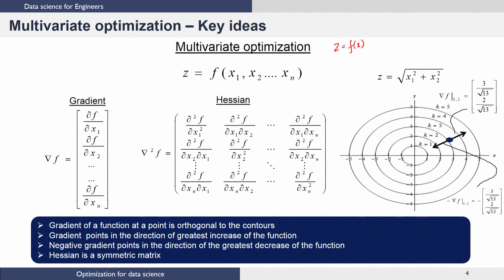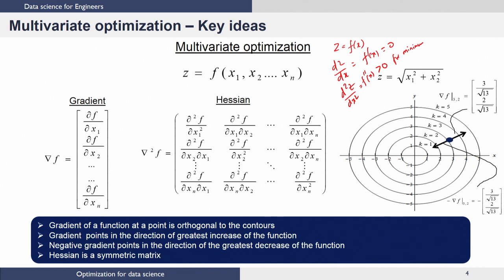Then remember, we said the necessary condition for a minimum is that dz dx equal to f prime x equals 0, and then d squared z dx squared equal to f double prime x is greater than 0 for a minimum. These are the conditions that we described in the previous lecture.